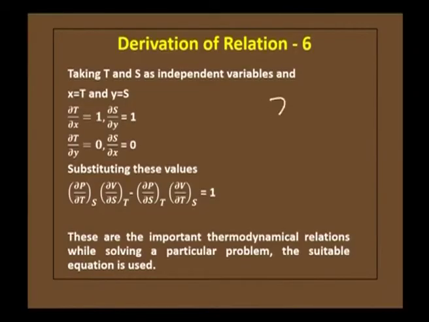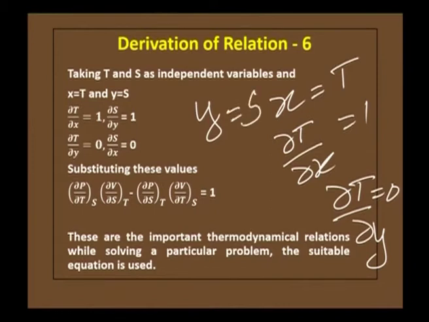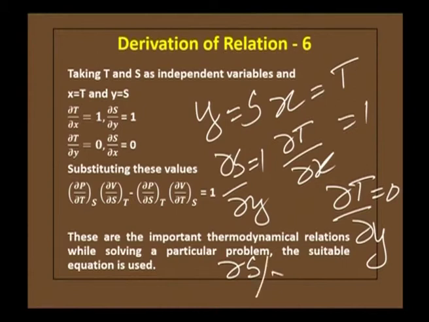So, taking x is equal to t and differentiating with respect to s, I get ∂t/∂x is equal to 1, and ∂t/∂y is equal to 0. And similarly, y is equal to s. I have ∂s/∂y is equal to 1, and ∂s/∂x is equal to 0.